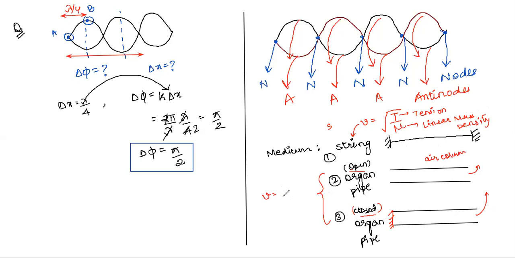We had learned an expression, try recalling. V is equal to under root of gamma RT by M. This is the expression for speed in open organ pipe and closed organ pipe. Class, once you are done writing this page, please raise your hand.